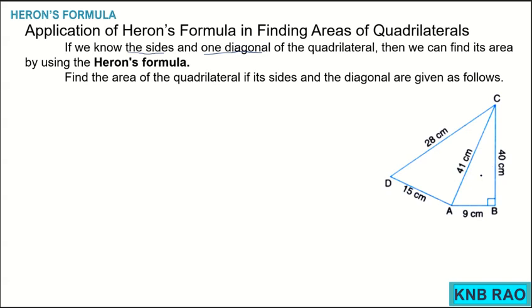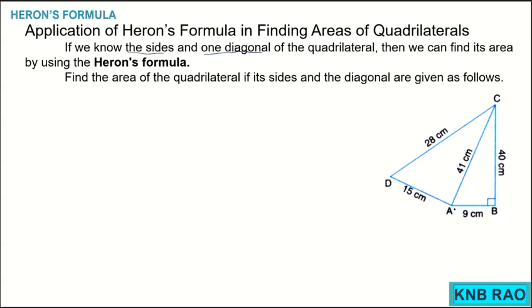Now, if I want to find out the area of this quadrilateral ABCD, it is very easy: find the area of the individual triangles, then add them up, that will give us the area of the quadrilateral. That is how the application of Heron's formula comes into picture.